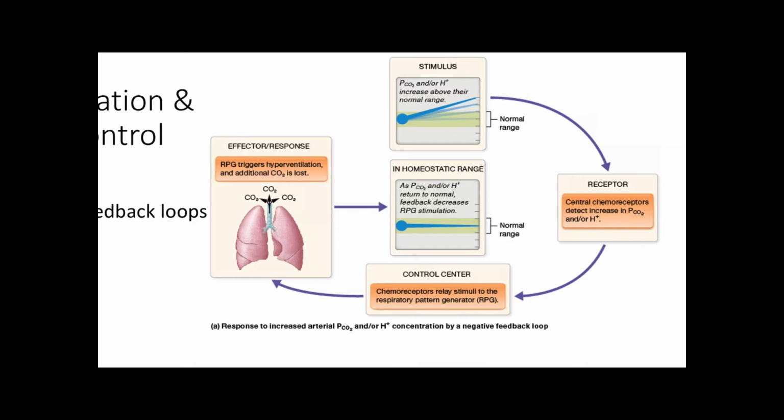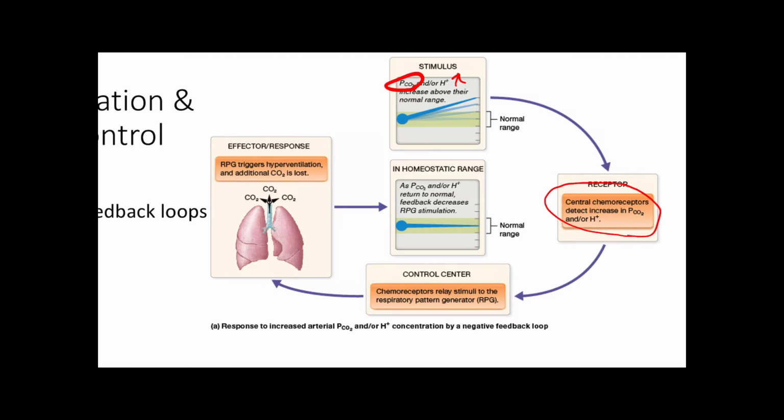And as it turns out, carbon dioxide is an important main driver of respiratory function. So as levels of carbon dioxide go up, which also helps to increase hydrogen ions or acids, that triggers a response in chemoreceptors within the body. Some of those chemoreceptors are located in the central nervous system.